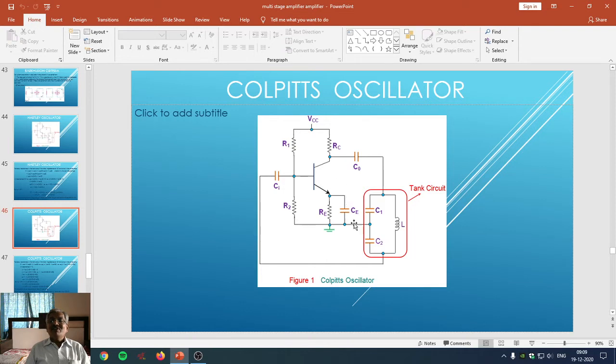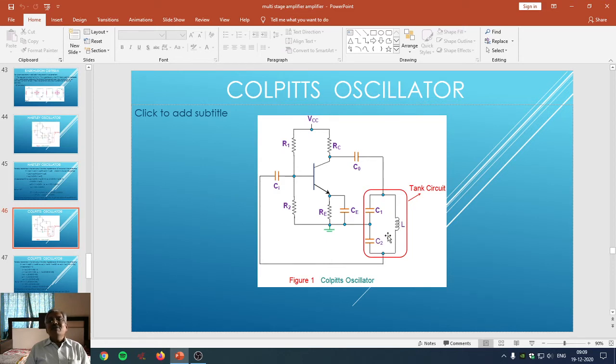Now, assuming the transistor is on, the polarities developed on the respective capacitors are such that the upper terminal of C1 will have positive polarity, whereas the lower terminal of C1 has negative polarity. The lower terminal of C2 possesses negative polarity and the upper terminal of C2 possesses positive polarity.